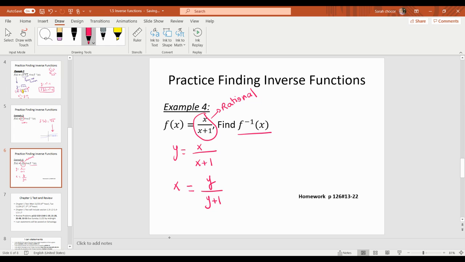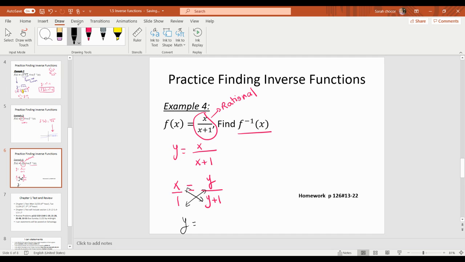And then when you get to this step, you can put this over 1 to make it clear that you can cross multiply. 1 times y is y, and x times y plus 1. Just make sure you put parentheses because the x has to be distributed. And I'm going to continue right here. So y equals xy plus x.